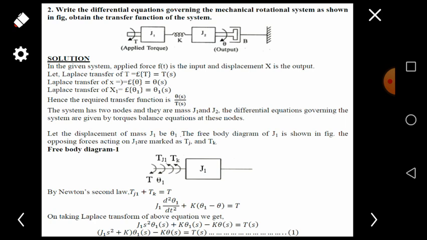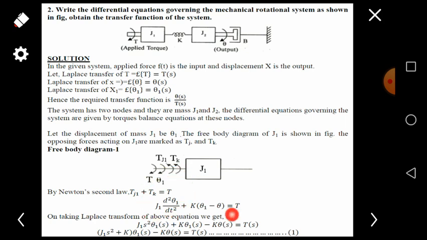Now we are going to write the equation for this. For inertia J1, in terms of displacement, that is position, we write J1 into d squared theta 1 divided by dt squared.